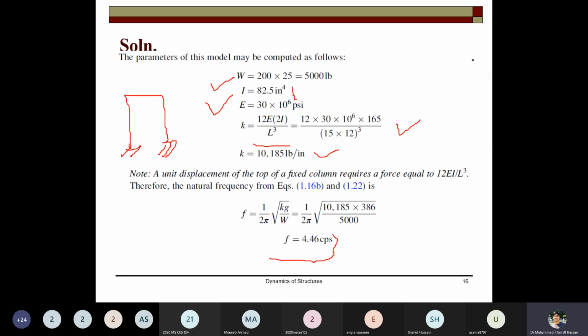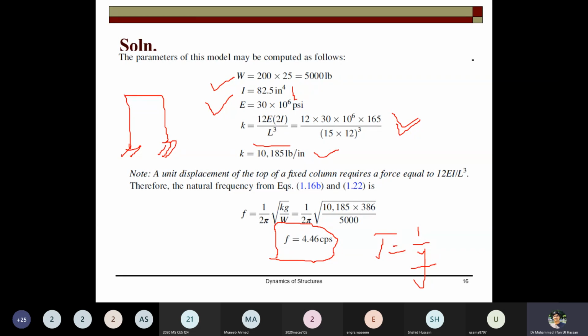So this building will generate 4.46 cycles per second, and you can determine the time period as 1 over f, that is how much time it will take to complete one vibration. In this way you are able to determine the stiffness, time period and frequency of the system.